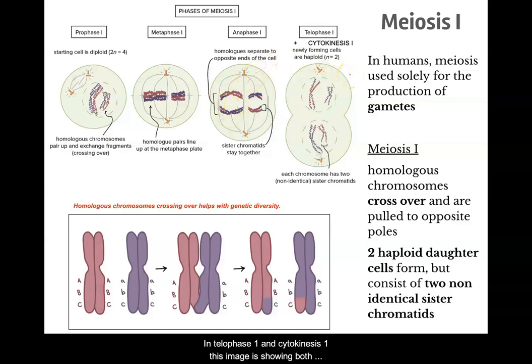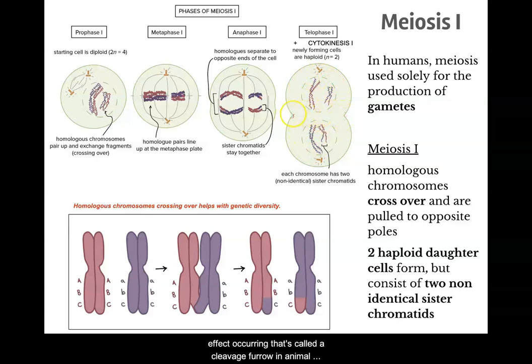In telophase I and cytokinesis I, this image is showing both. We see the end result, where we have homologous chromosomes separated at different poles of the cell. I start seeing the nuclear envelope forming again around those homologous chromosomes to end that process. In cytokinesis, this is an animal cell because I see that pinching effect occurring.